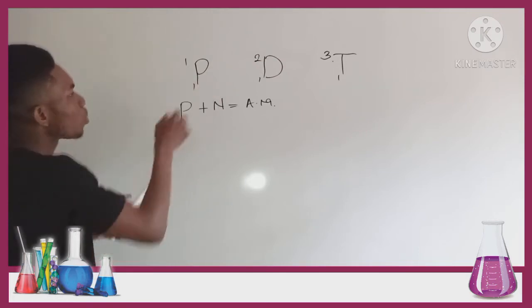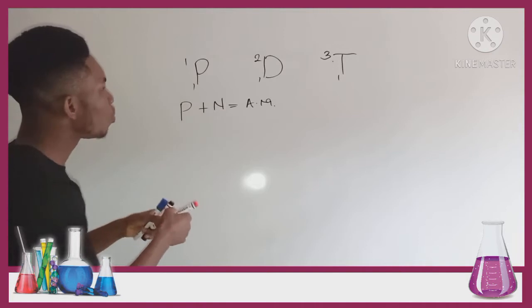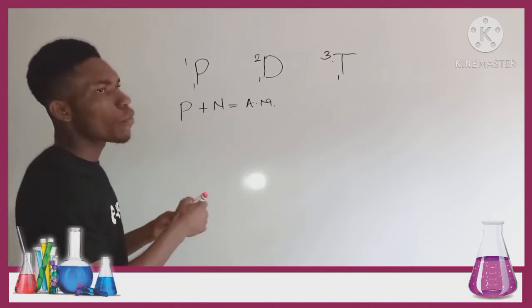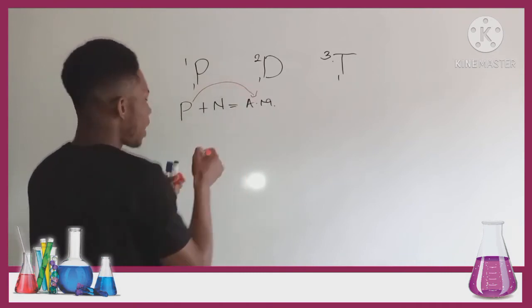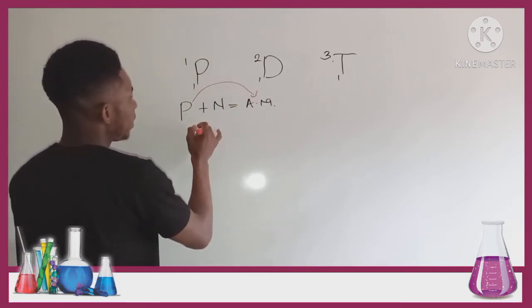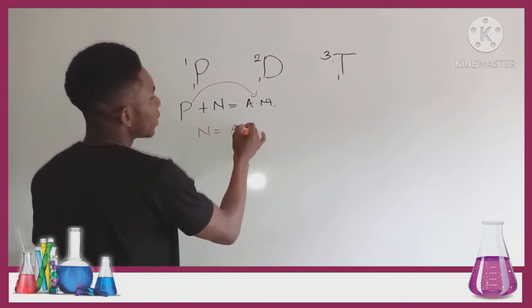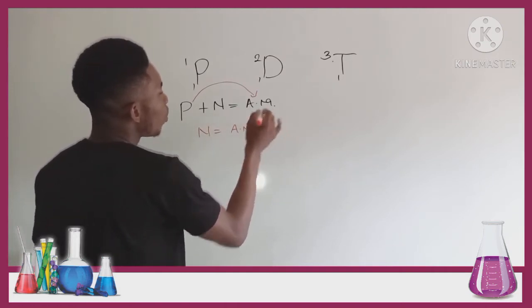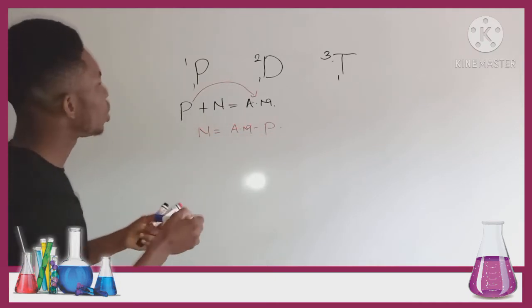So the number of protons for each of them is 1. Now, if we want to look for the number of neutrons, we make n the subject of the formula. P has to come to this side. So we have n is equal to the atomic mass minus the number of protons, which will give us the number of neutrons for each of them.